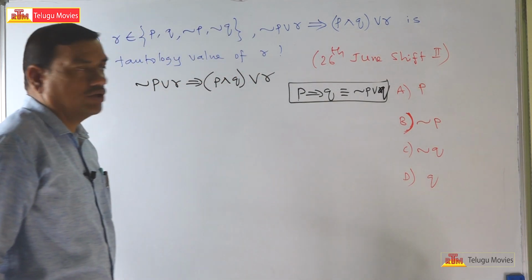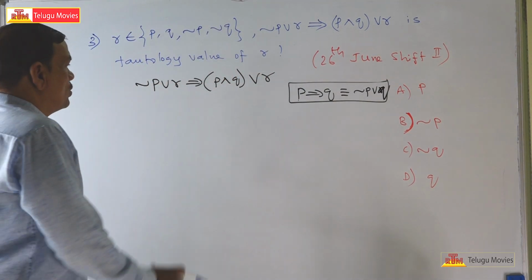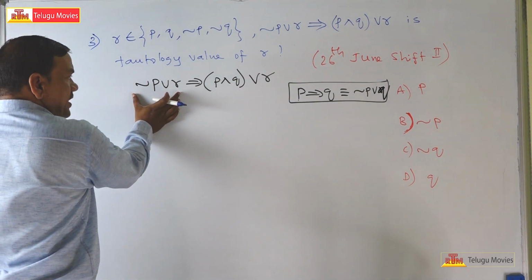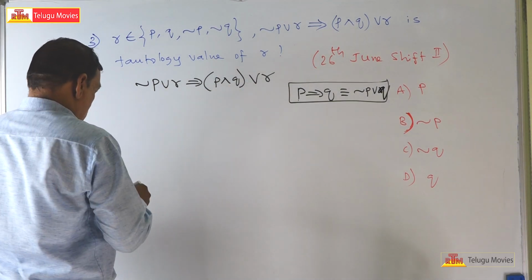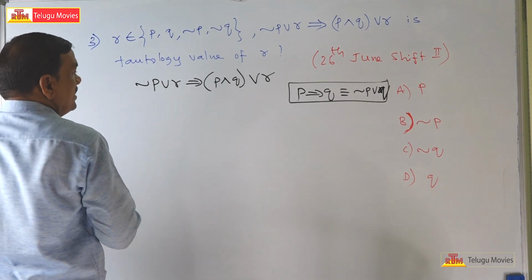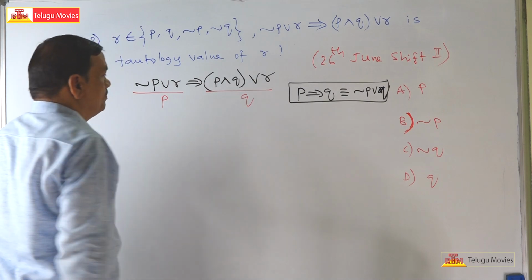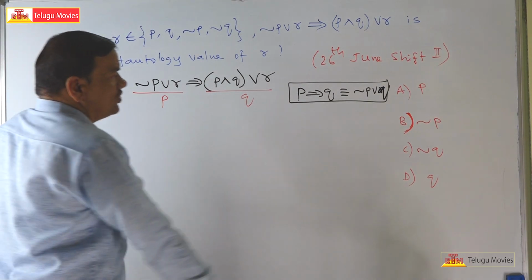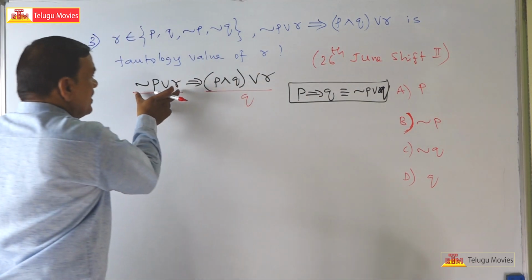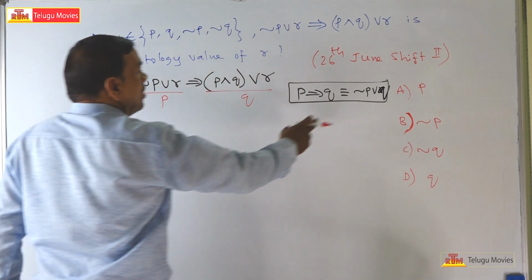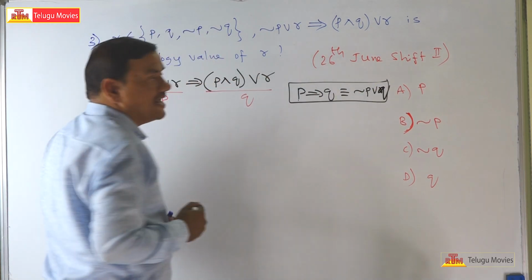Here also this is P and this is Q. So for the first statement you have to write the negation, or the second statement as it is.